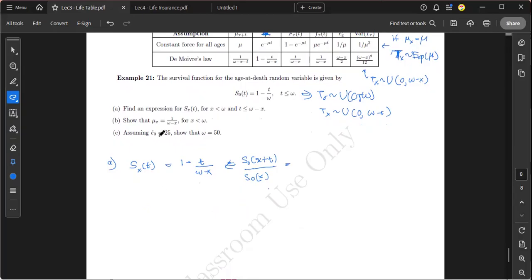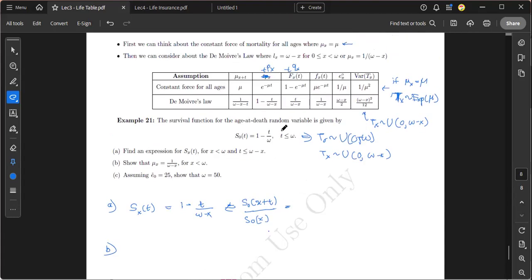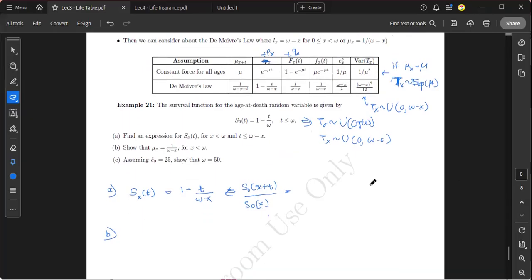Then we can move to part B, which is to show that mu x, the force of mortality, is the density of this uniform random variable.